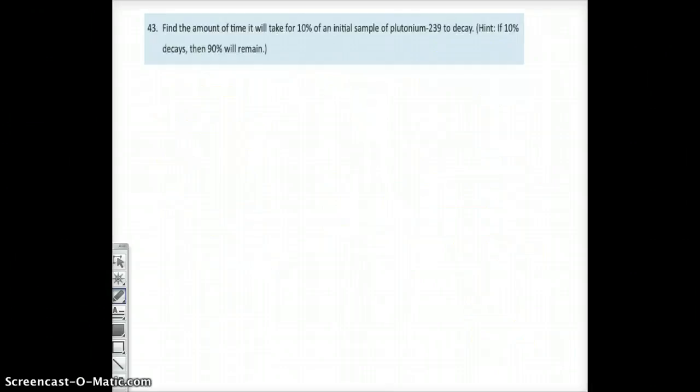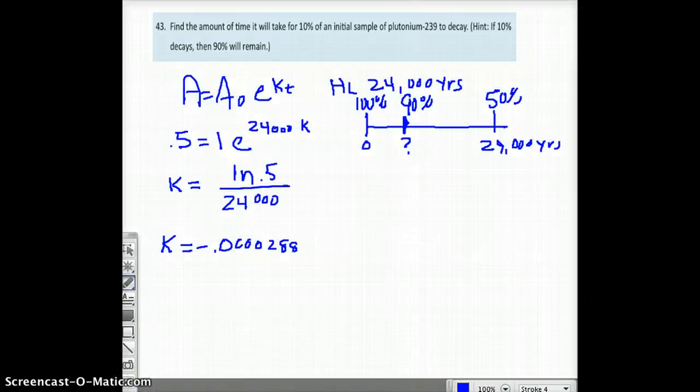Okay, another question. Find the amount of time it will take for 10% of an initial sample of plutonium-239 to decay. If 10% decays, then 90% will remain. That's a hint. Plutonium-239 has a half-life of 24,000 years.